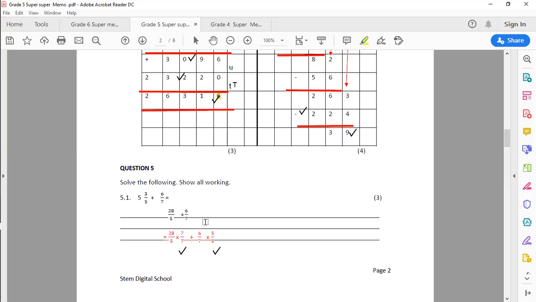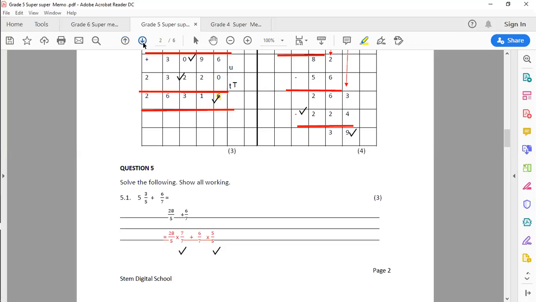Since my LCD is 35, I take the denominator here and use it to change these numbers to get 35 as an LCD. I take the 5 here and I use it that side as well. So I have 28 over 5 multiplied by 7 over 7, 6 over 7 multiplied by 5 over 5. Multiply numerator with numerator, denominator with denominator.